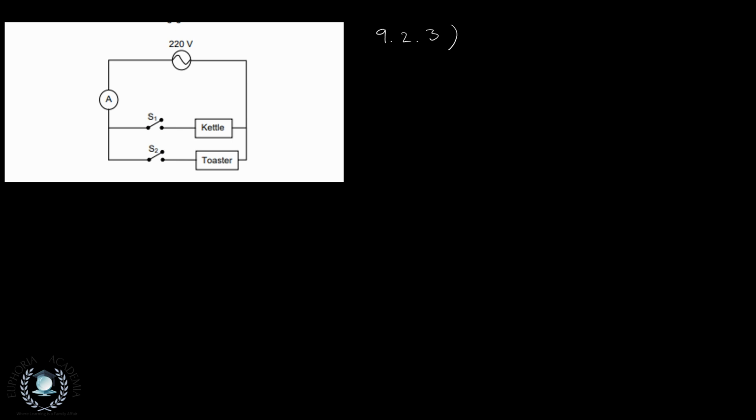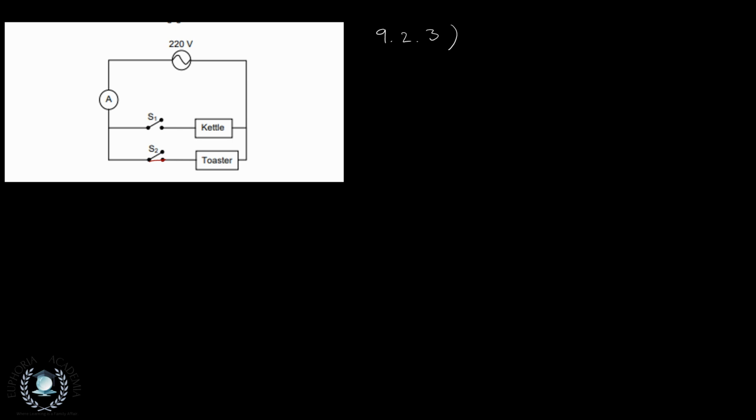All right, question 9.2.3 says when switch S1 is open and switch S2 is closed, the root mean square current in the circuit is now 2.62 amps. So S1 is open and S2 is closed.